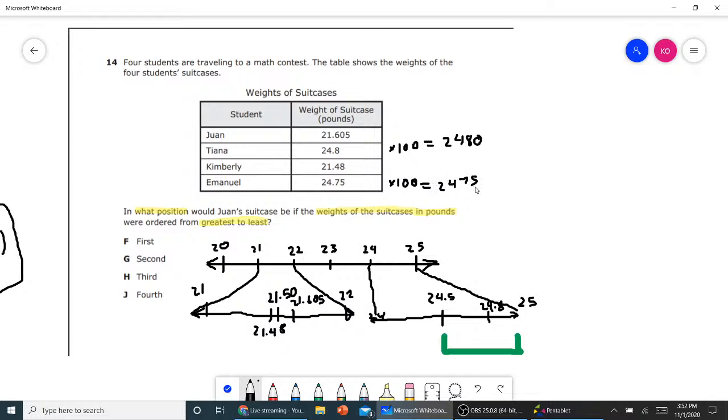Then ask yourself, is 2,480 greater than or less than 2,475?